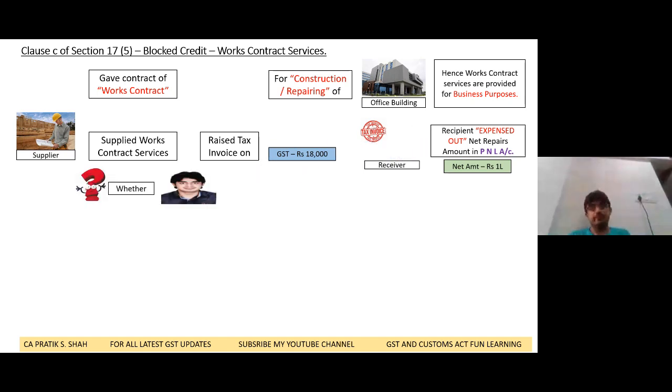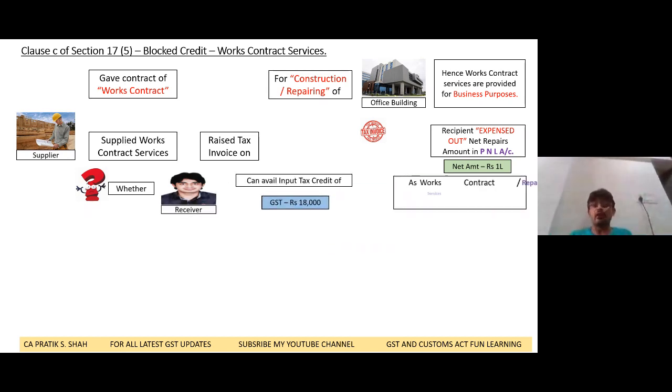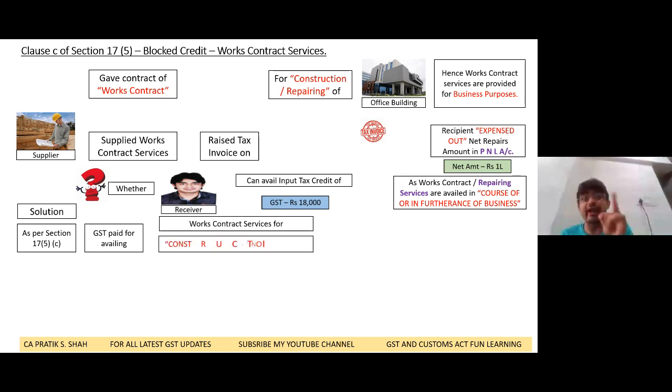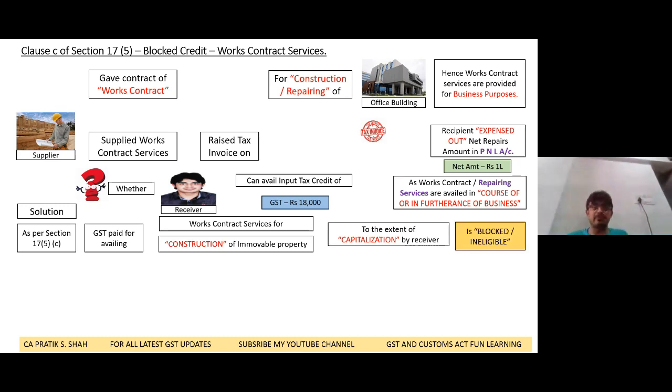Now I'm asking whether the recipient can avail the ITC of GST paid of 18,000. This time I have not capitalized it. I have debited in my P&L that 1 lakh rupees. Can I take it ITC? Listen, 17.5 clause, see what it says. GST paid for works contract to the extent of capitalization is blocked.